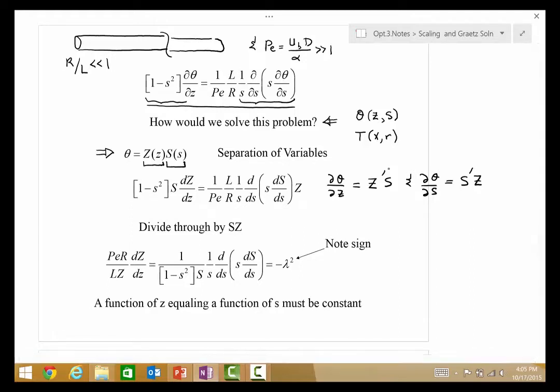We go through that process and we get a mixed problem in terms of derivatives of the s variable and of the z variable.